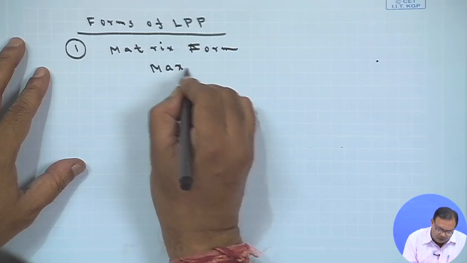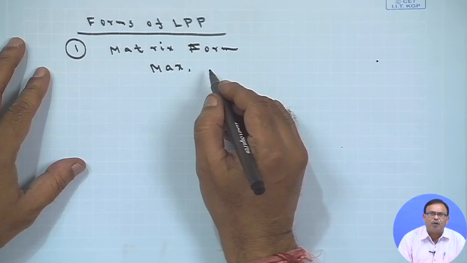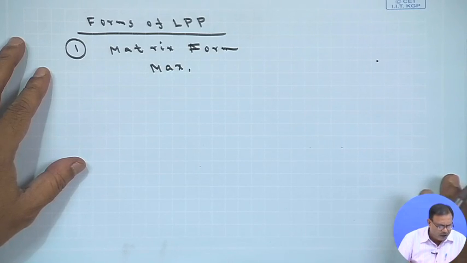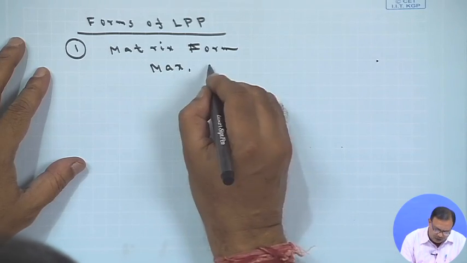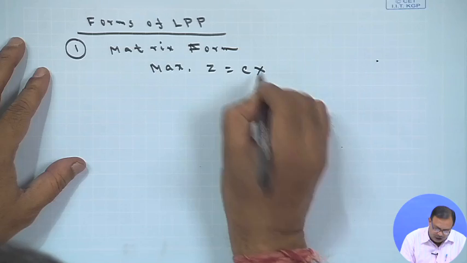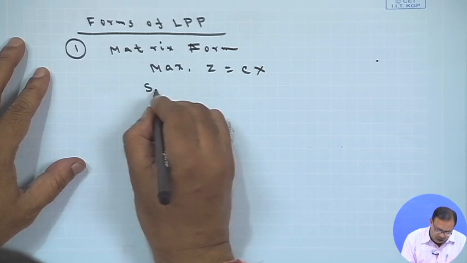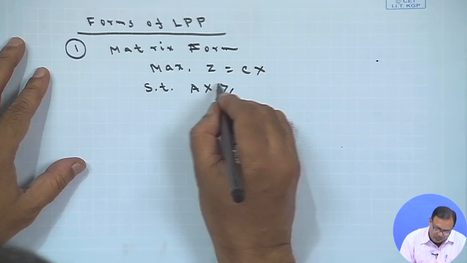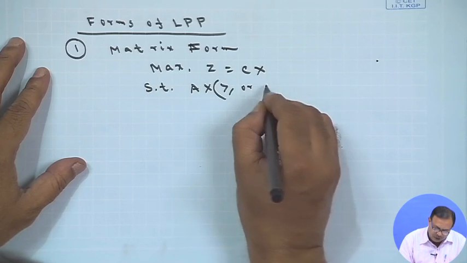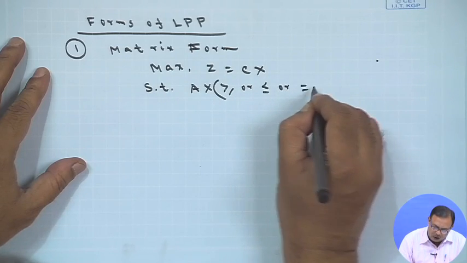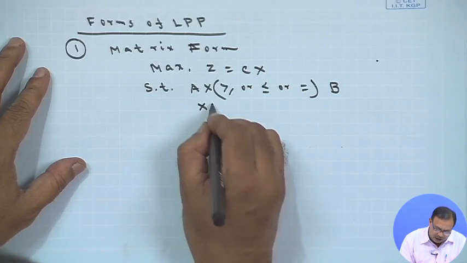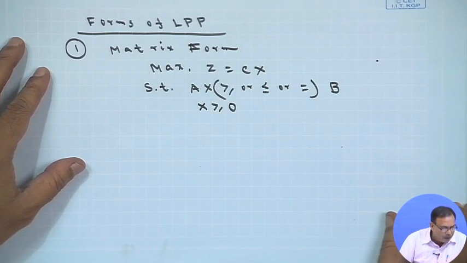In matrix form we will take the maximization problem, because if I have a minimization, by putting a minus sign I can change it to a maximization problem. So, maximize z equals Cx subject to Ax greater than equals, or less than equals, or equals b. I am writing the standard form, and x greater than equals 0.